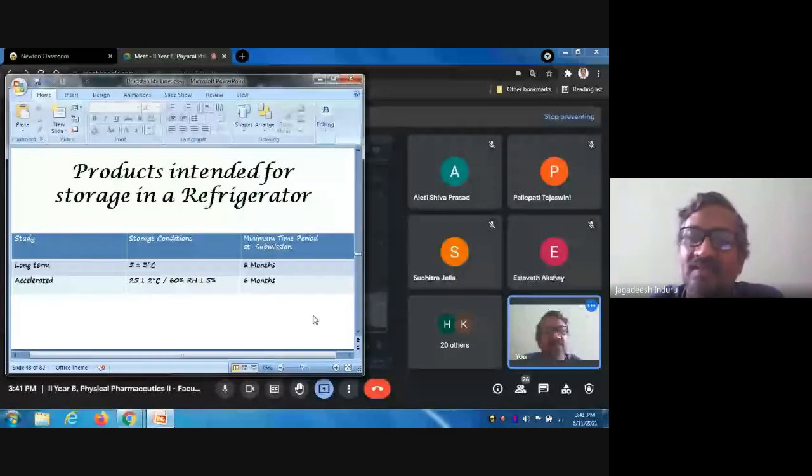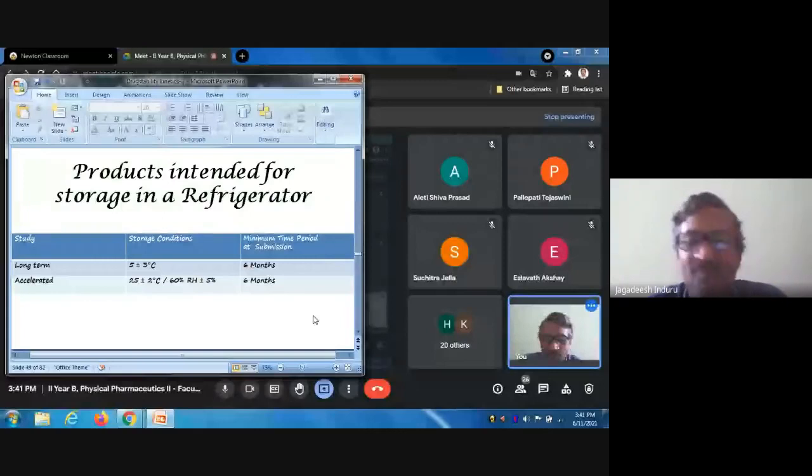We have a refrigerator with only defrosting, and we maintain a 2 to 8 temperature, but there is no maintenance of humidity in a fridge. So the long term condition has no RH, but the accelerated condition also has control of humidity. Why are we breaking these into different conditions for the market?